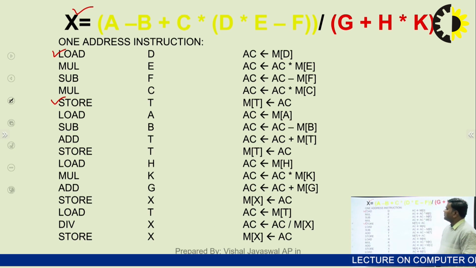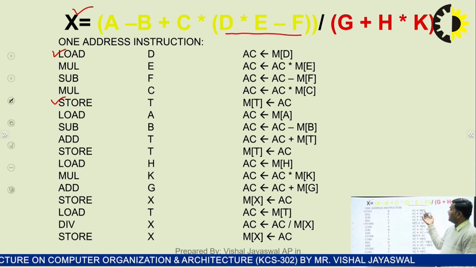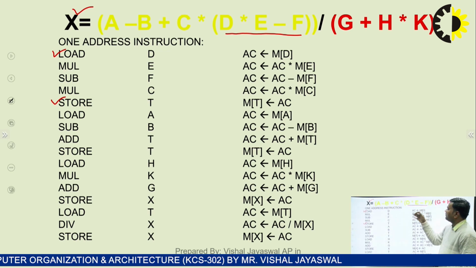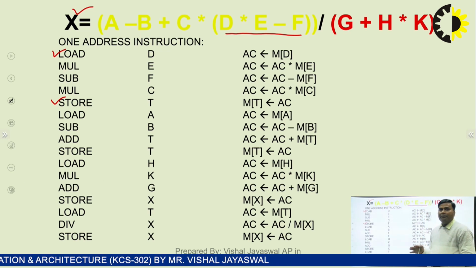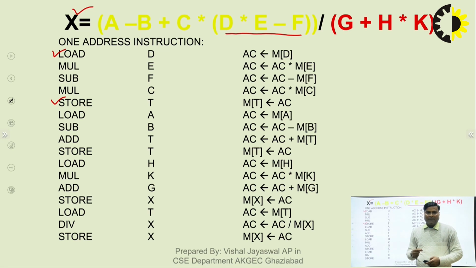So first we solve this expression according to the BODMAS. We have to solve this part first. For solving this part first, we have to move D from the memory to the processor. And one main important point in the one address instruction format is we have only one register, that is called accumulator, AC. In one address instruction we do not use any other register instead of accumulator.